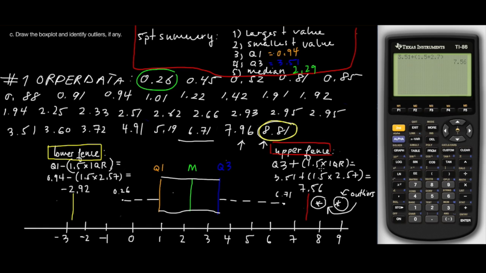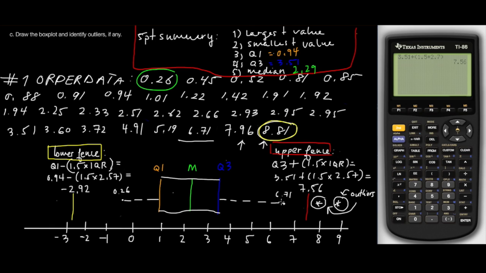So let's do a quick recap. We have our box, which is made up of our 25th percentile, or our Q1, our median, which is our 50th percentile, and our Q3, which is our 75th percentile. Then we have our whiskers. How do we determine the limit for our whiskers? It's very simple. Once we find our upper fence and our lower fence, we need to determine the last point before we hit the fence.